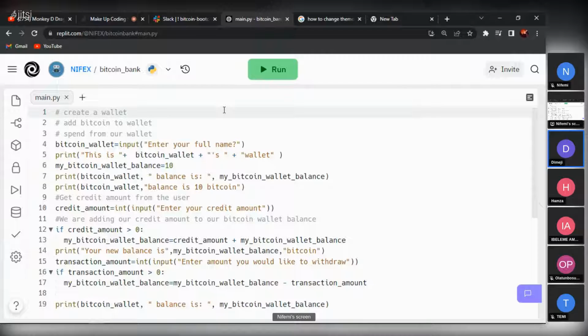Do you understand? Yes. That's the difference between line 5 and line 7. In line 7, what do you think it will print? If your Bitcoin wallet is Amarachuku, what would that print to the console? What would be the result of line 7?